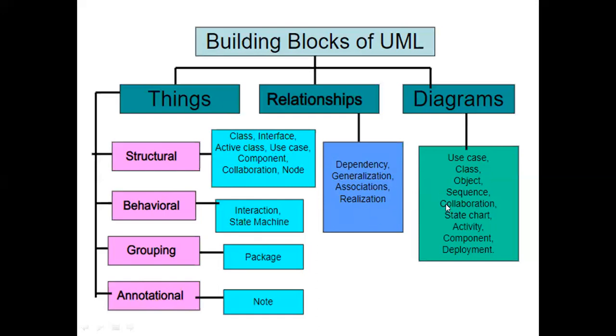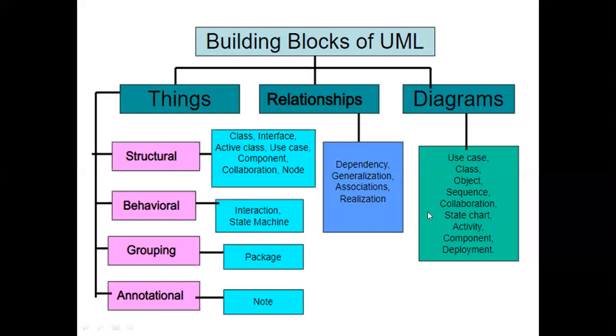Next one, in sequence and collaboration diagrams, we are using classes and sequence. Sequence means the interaction from one object to another object, that is, what communication happens between the two objects is represented by the interaction diagram.